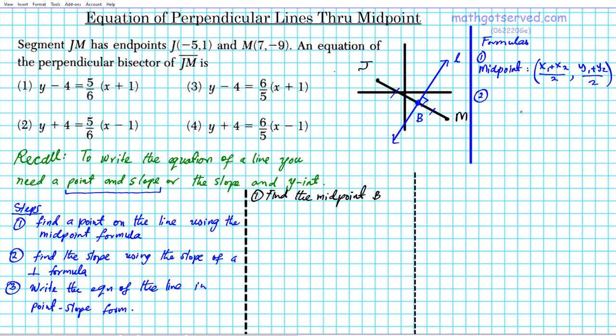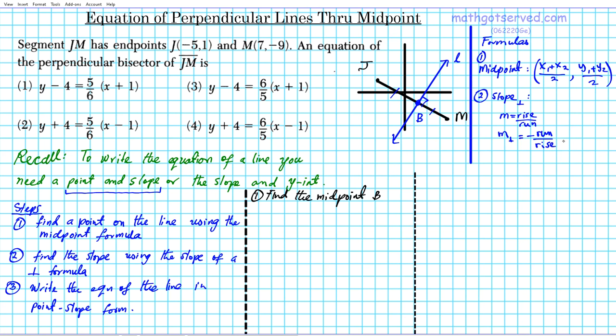we also need to know how to find the slope formula. So not just the slope of a line through 2 points, but the slope of a perpendicular. All right, how do you find that? We know that the regular slope formula is rise over run, right? But for a perpendicular line, it's the negative reciprocal, so it's negative run over rise.